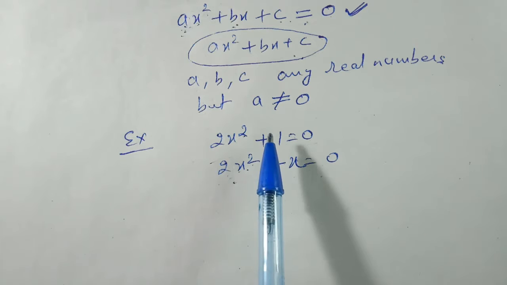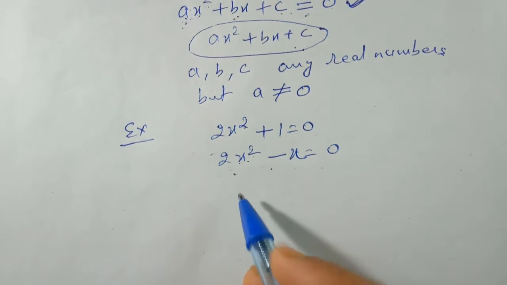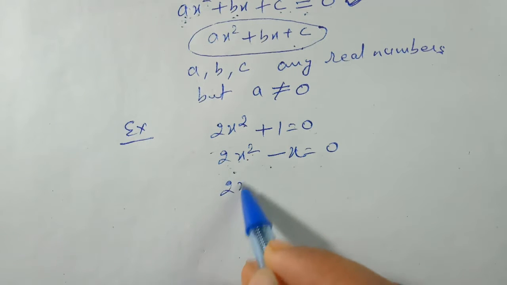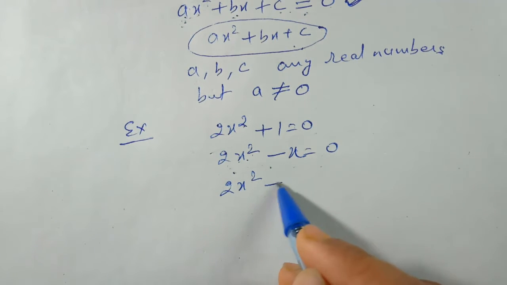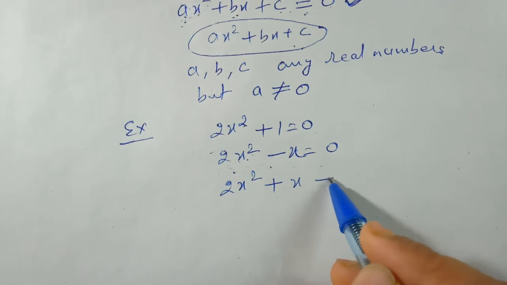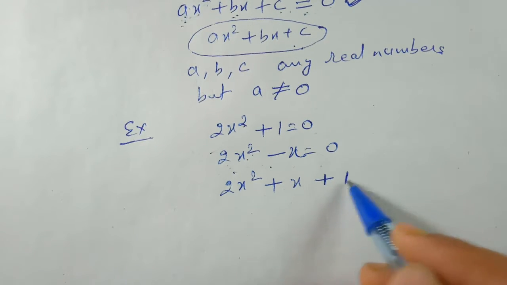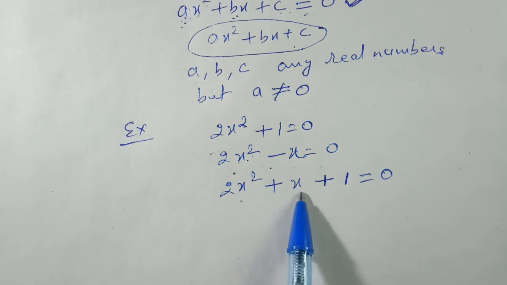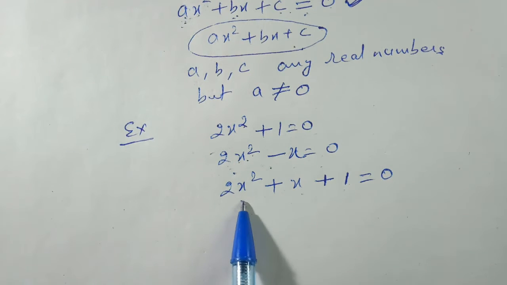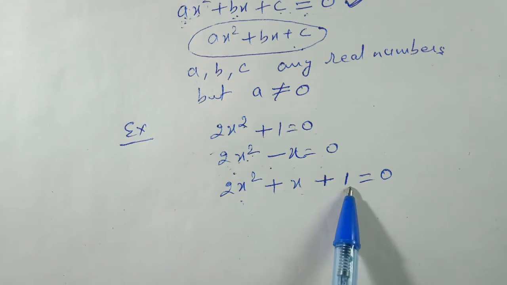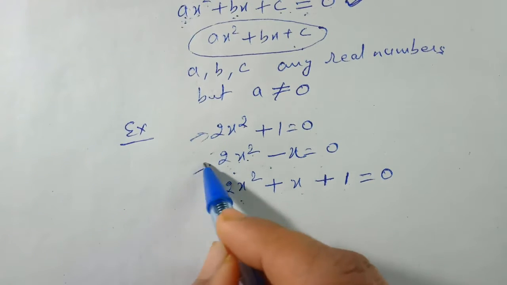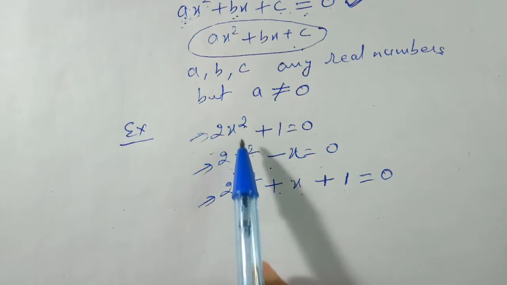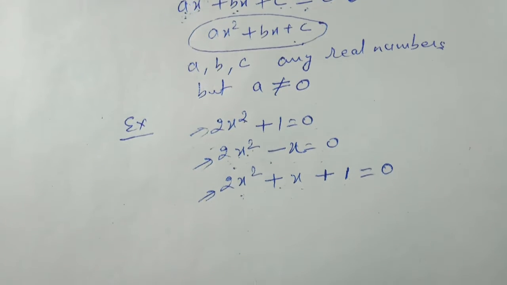We can write it in the standard form as 2x square plus x plus, any number we can take in place of c, equal to 0. This is the proper general form of a quadratic equation. So these three types of equations you can observe as examples of quadratic equations.